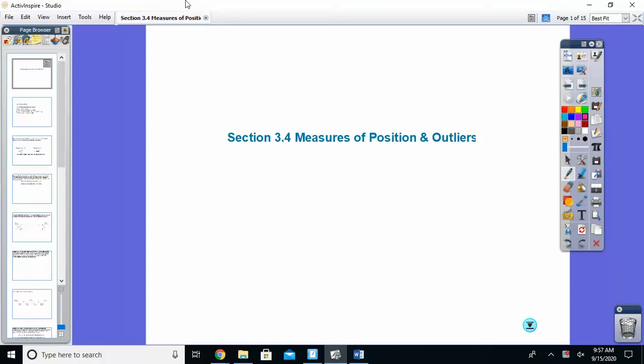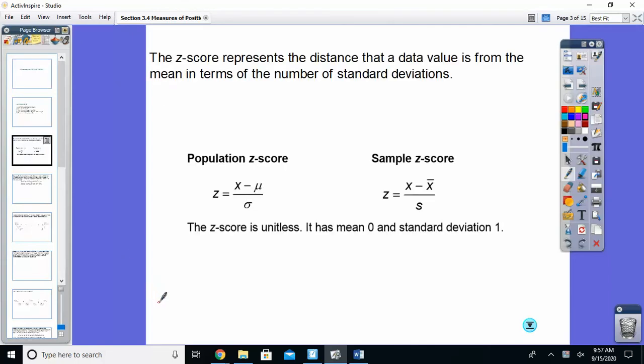So remember, you do have those formula sheets that I've given you. So the first thing that I'm talking about is on your formula sheet. It's talking about a z-score. So when I say z-score, that tells us how far our data is from the mean in terms of standard deviations.